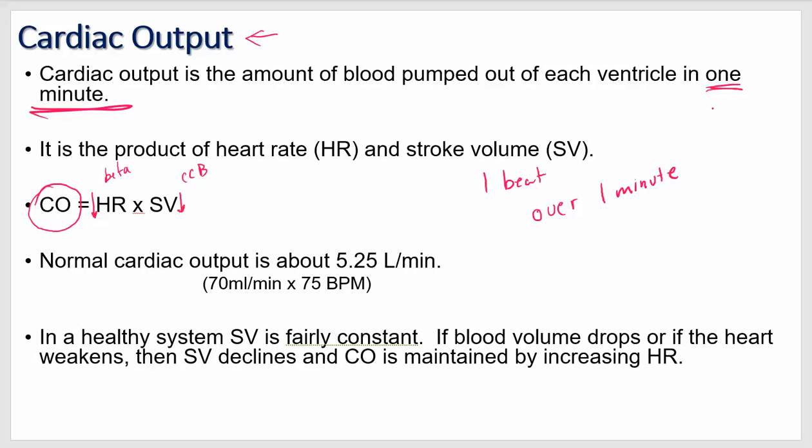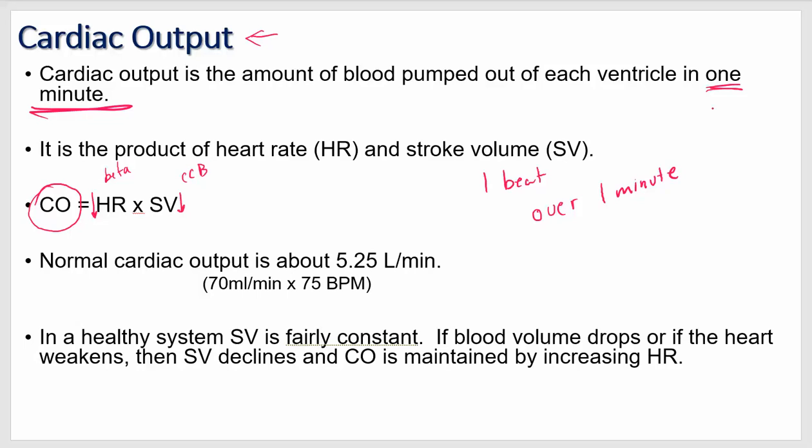let's see. So normal cardiac output is 5.25 liters per minute. In a healthy system, your stroke volume is fairly consistent. If blood volume drops or the heart weakens, then your stroke volume declines, and cardiac output is maintained by increasing heart rate. So what we're saying with that is that sometimes people's heart starts to fail. It gets weaker. It gets weaker with age.